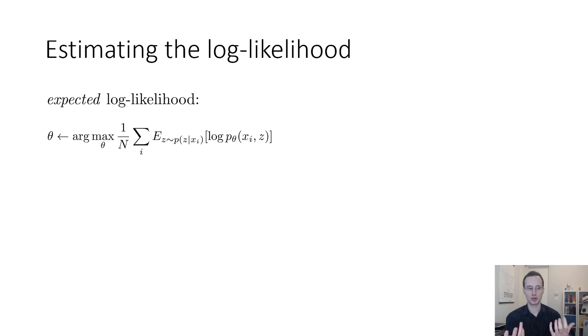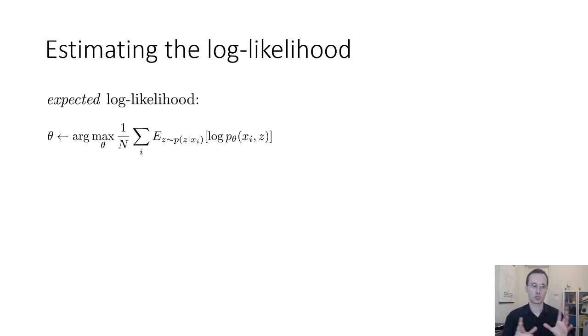Because when we have the joint probability, then we don't need to evaluate that whole integral. So the way that we're going to guess the z is by taking an expected value under P of z given xi for every data point xi in our data set. And then we'll maximize the joint log probability of xi and the z that we guessed.